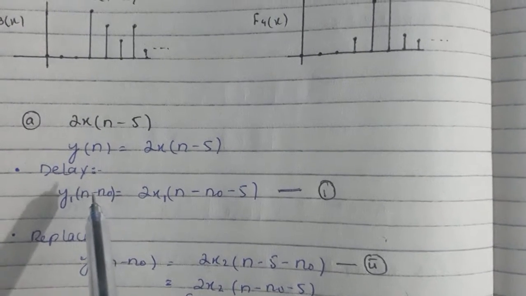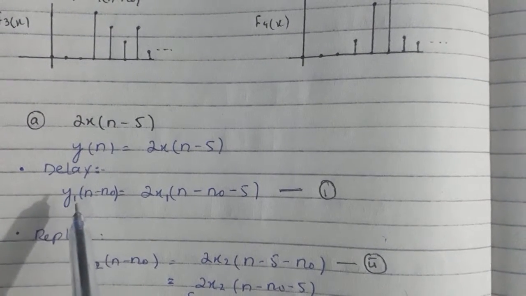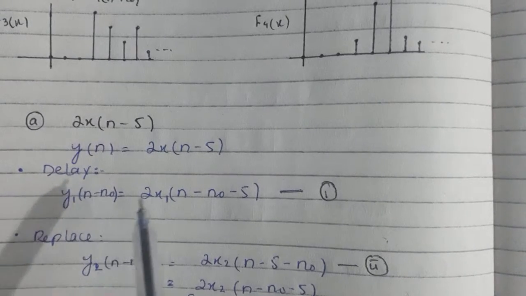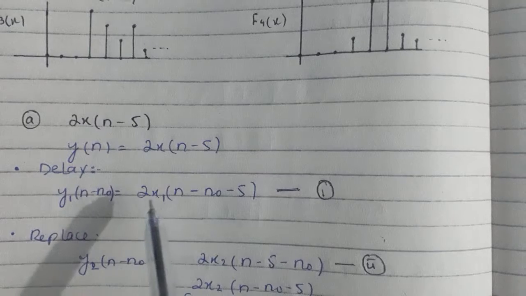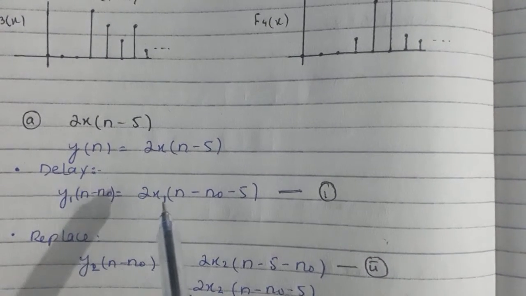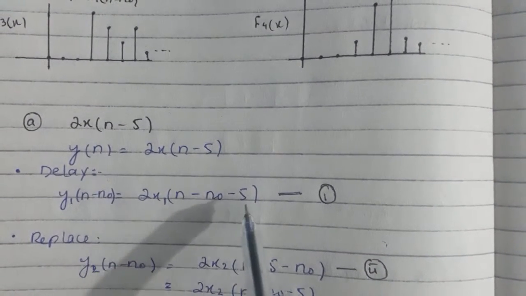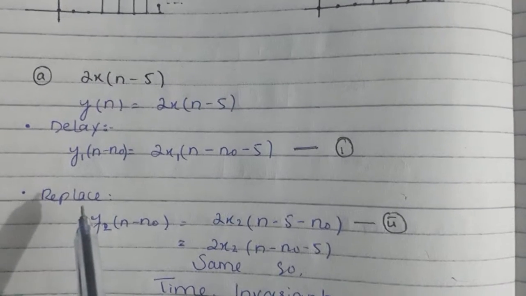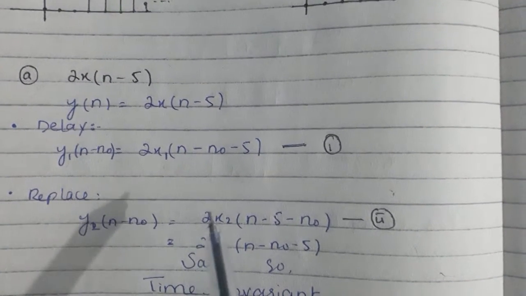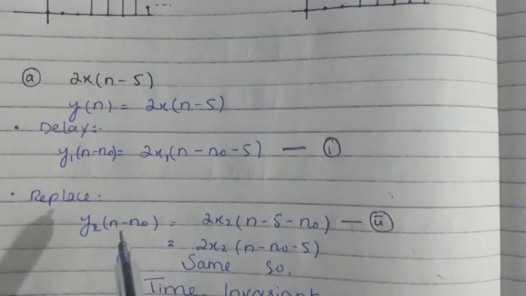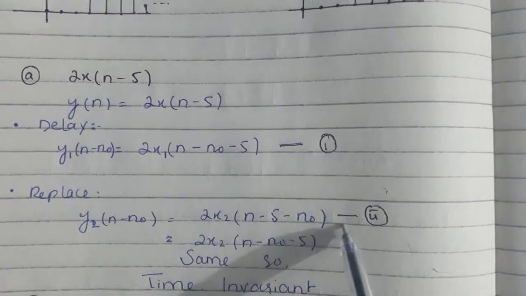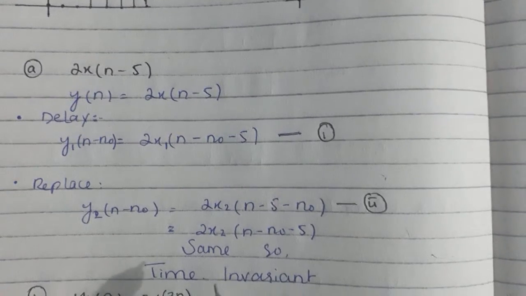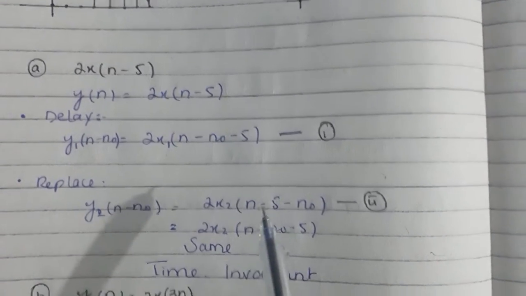So here we apply the delay to y1 of n, and when we apply minus n naught, we form this equation: 2 x1 of n minus n naught minus 5. When we replace, we replace n by n minus n naught like this one. We see these two equations are the same, so it is time invariant because there is no change.